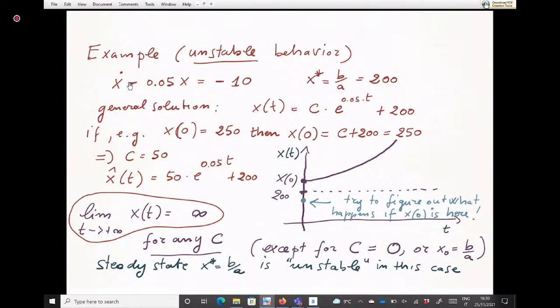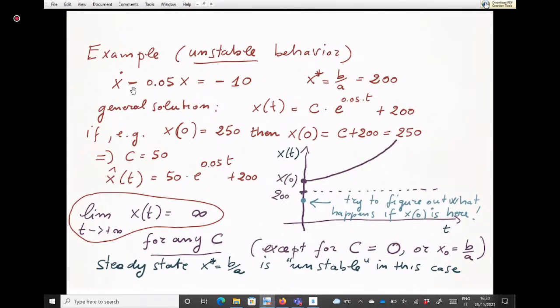Since this is an example with constant coefficients, it is easy to find the steady state. b over a, minus 10 divided by minus 0.05, it is 200. So the steady state is 200. The general solution is x(t) equal to c times exponential 0.05t.